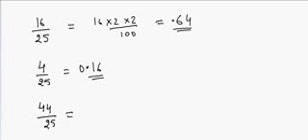So 44 into 4, that's what we have to do. 44 into 2 is 88, and 88 into 2 will be equal to 176. So the answer will be equal to 1.76.